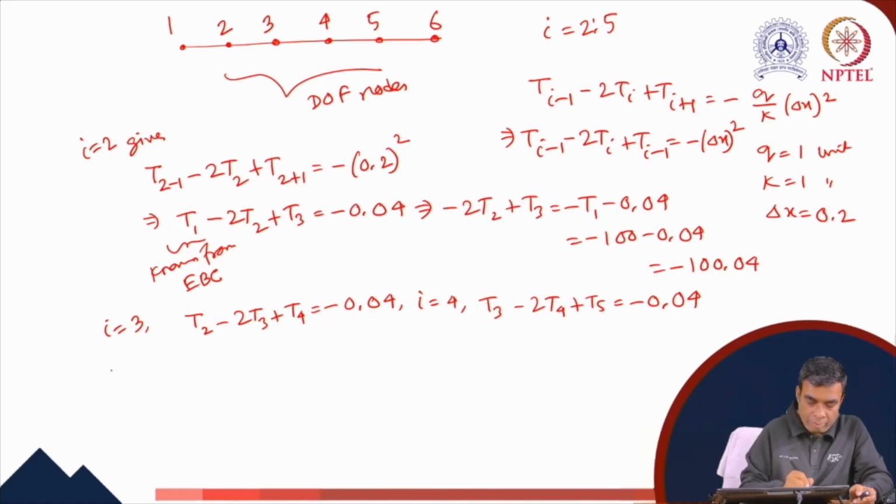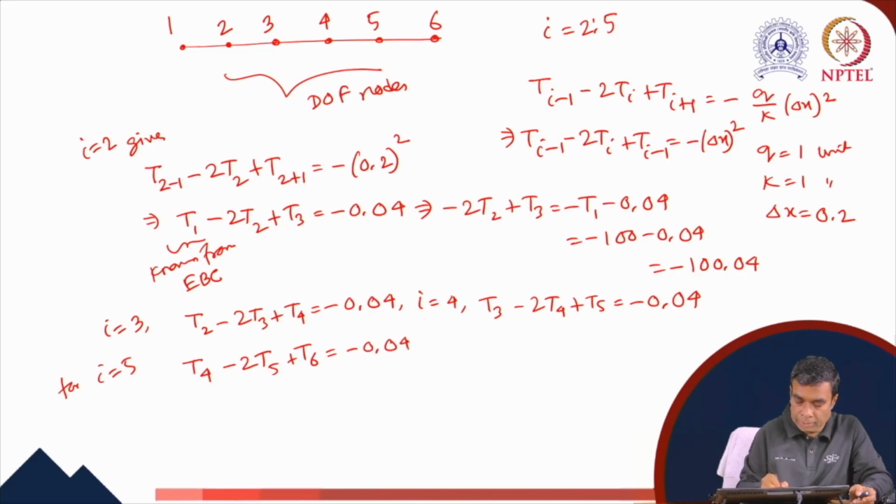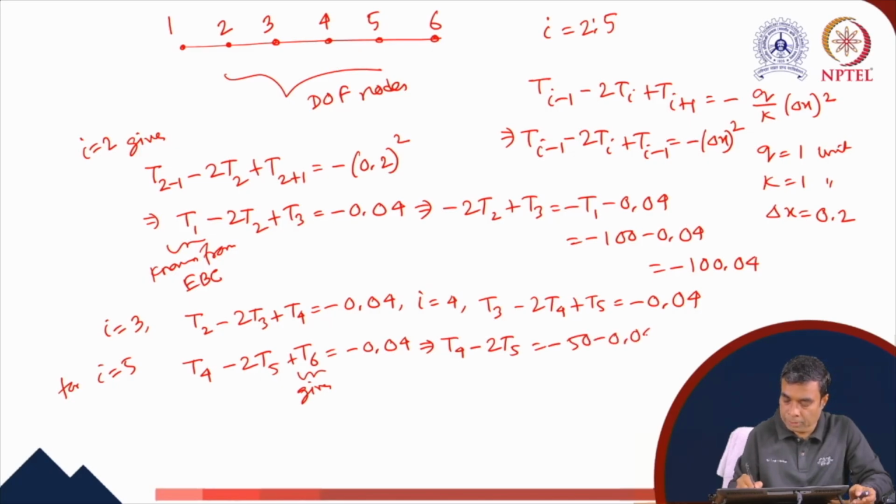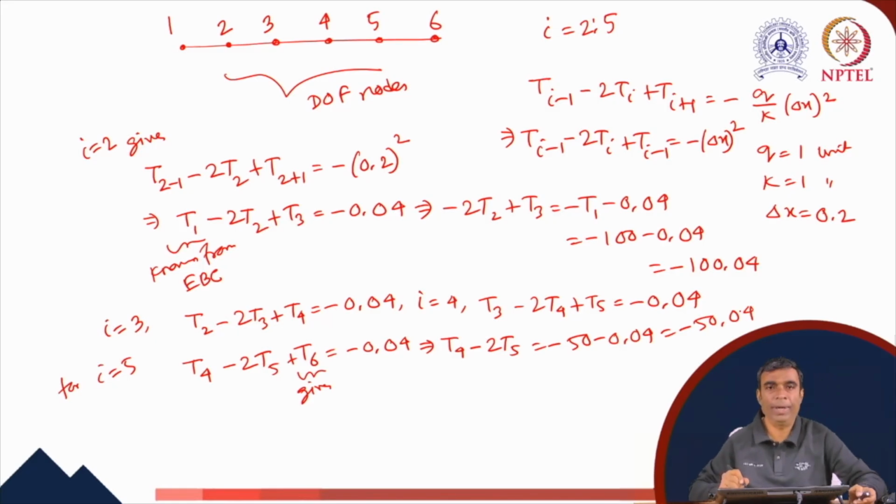And finally, for I equals 5, we get T4 minus 2T5 plus T6 equals minus 0.04. Now T6 is given as 50 degrees centigrade. This gives T4 minus 2T5 equals minus 50 minus 0.04, that is minus 50.04. Combining all these algebraic equations, we construct the matrix equation system.